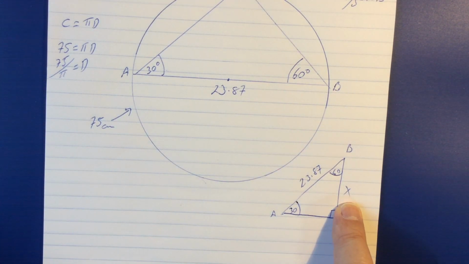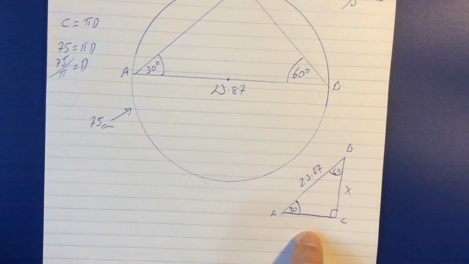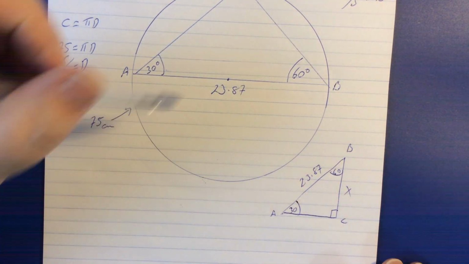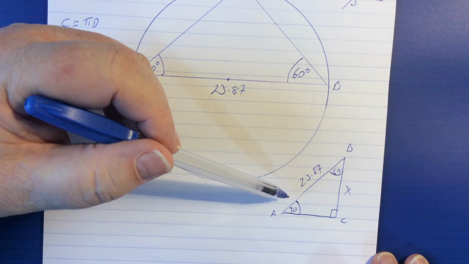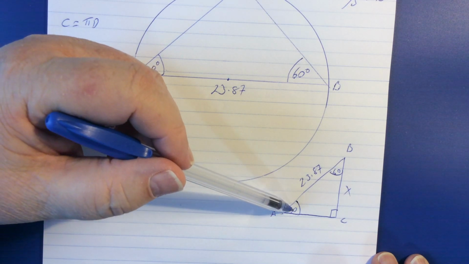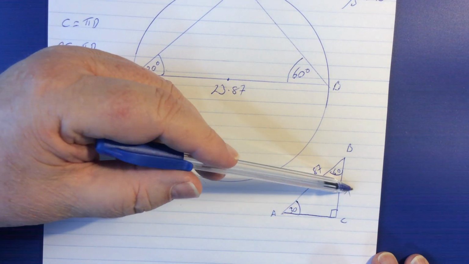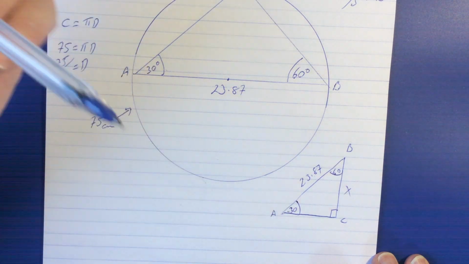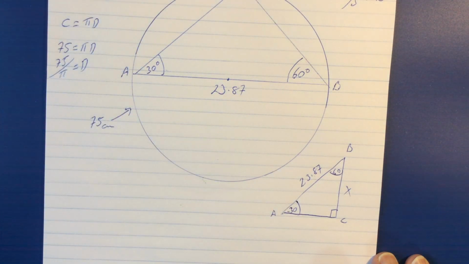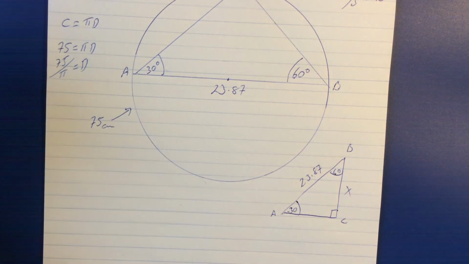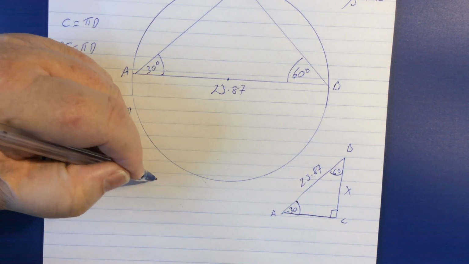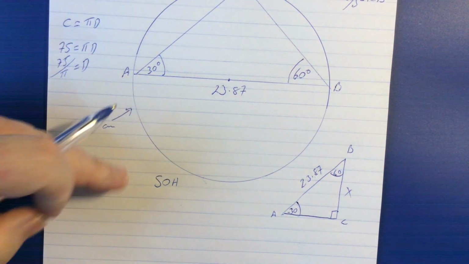If we find that, we can then use Pythagoras to find this. We can find the area of this triangle. Right, so what have we got? Well, we've got an opposite and a hypotenuse and a number of degrees which we can use. So opposite and hypotenuse means sine.